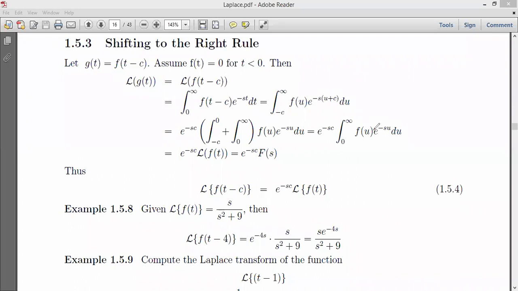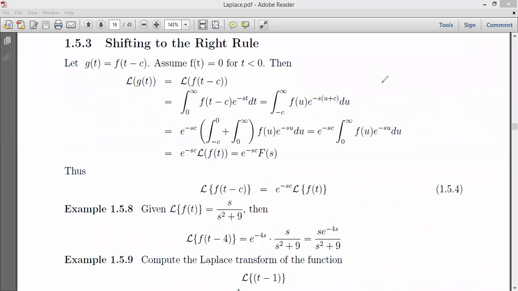But we also noticed that the so-called shift property is directly associated with the concepts we had discussed earlier.